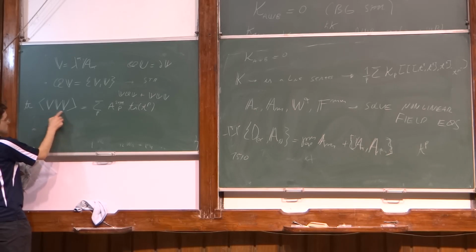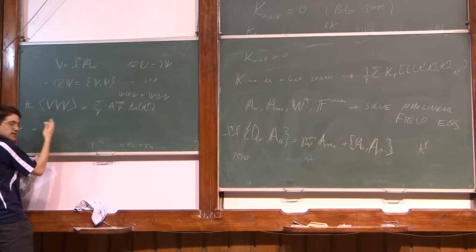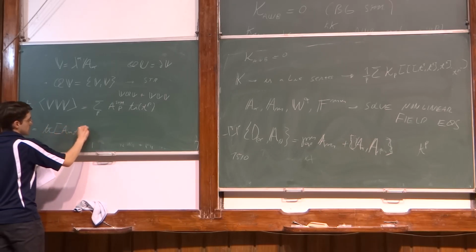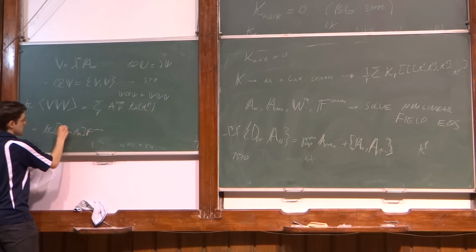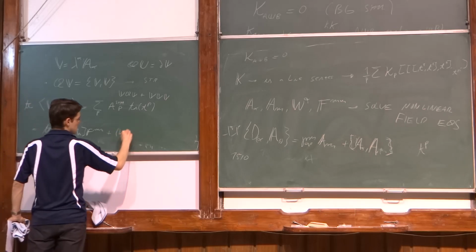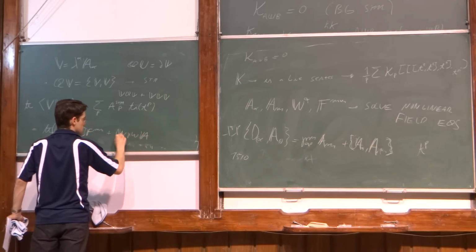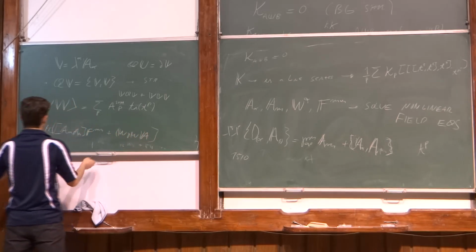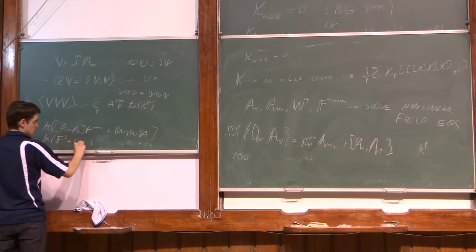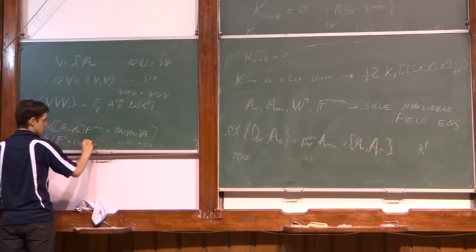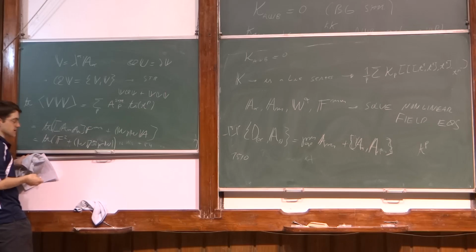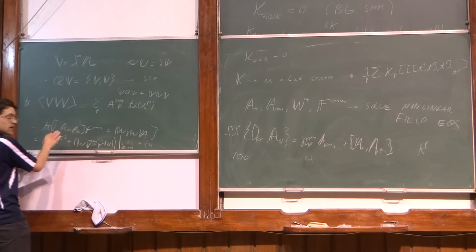At the component level, you get something like trace of A_m, F_mn, where all these are the Lie series, plus the fermions, gamma D. You can rewrite these as trace F squared plus W gamma covariant derivative W, evaluated at theta equals 0, because we are computing the component expansion.